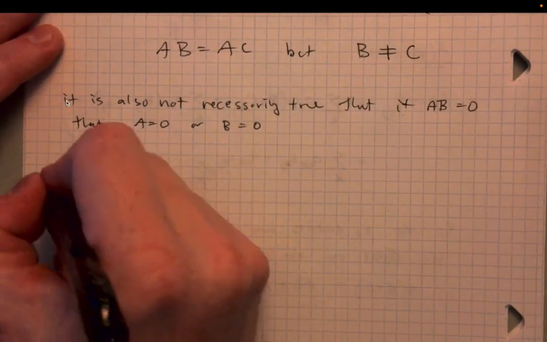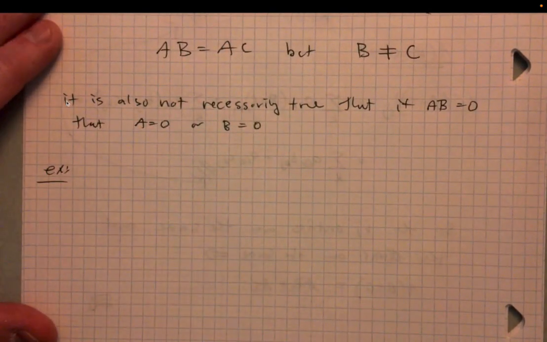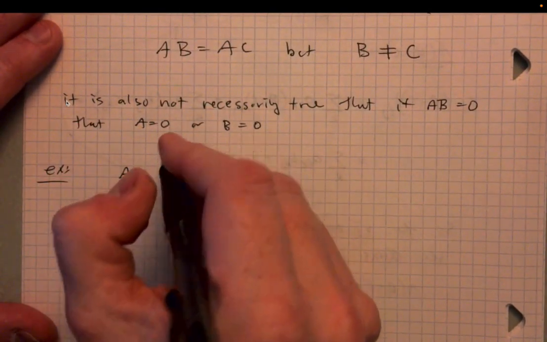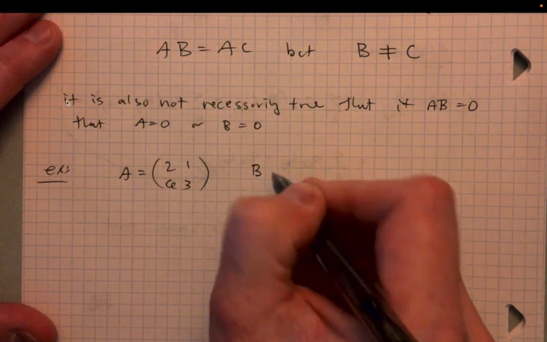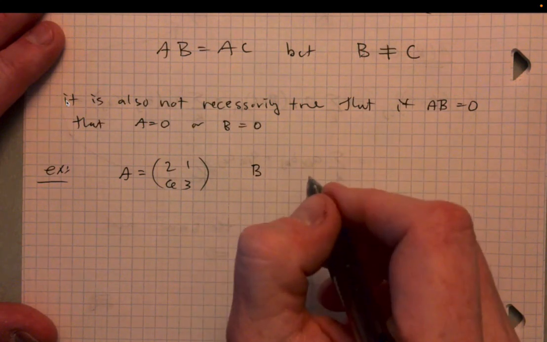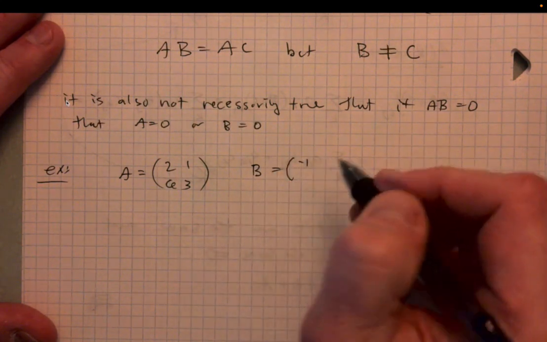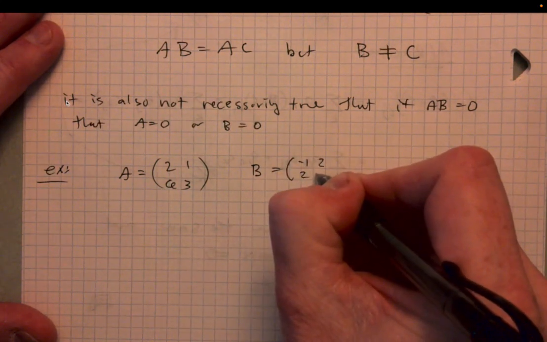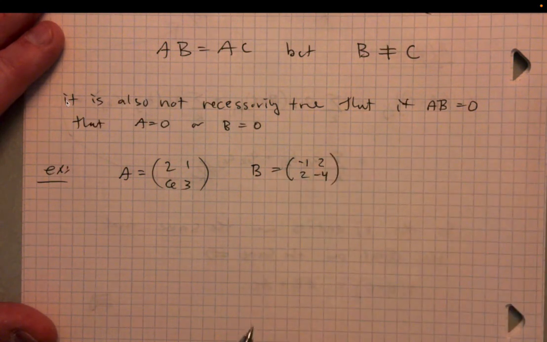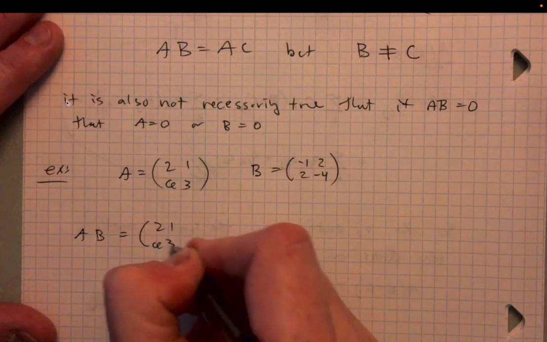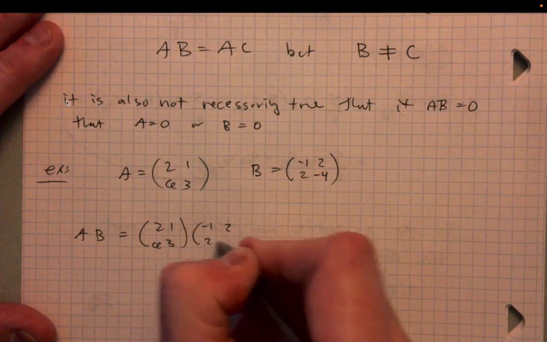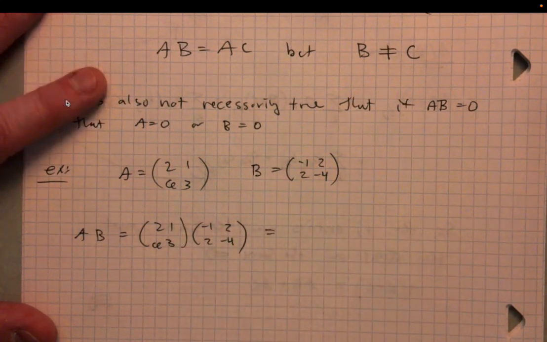Let's see an example of this as well. Here we'll let A equal 2, 1, 6, 3 again, and then we'll let B equal -1, 2, 2, -4. When we multiply AB together, what do we get?